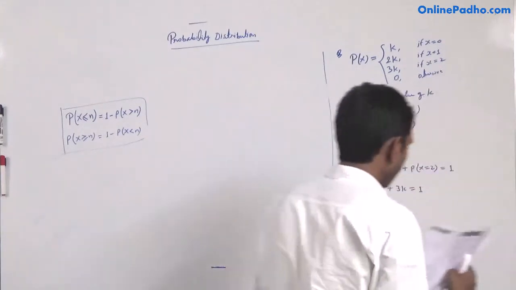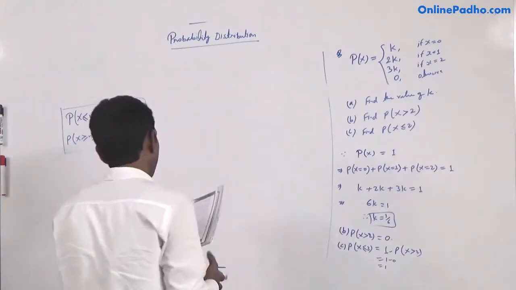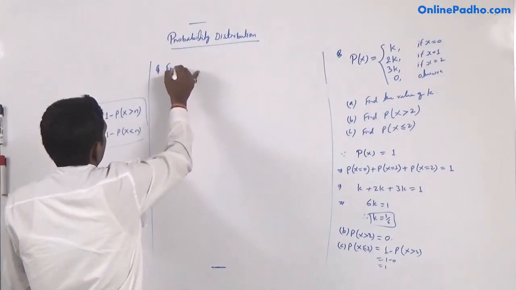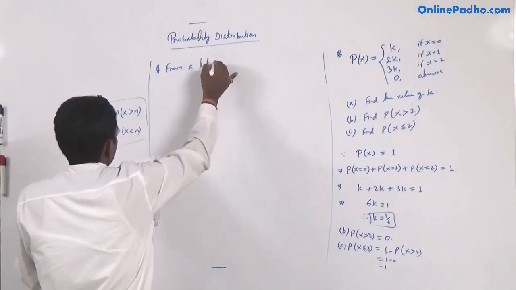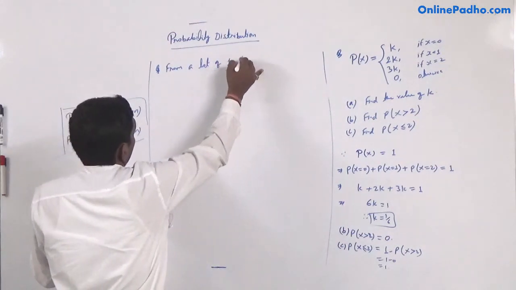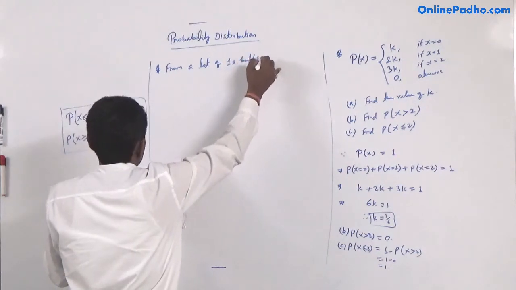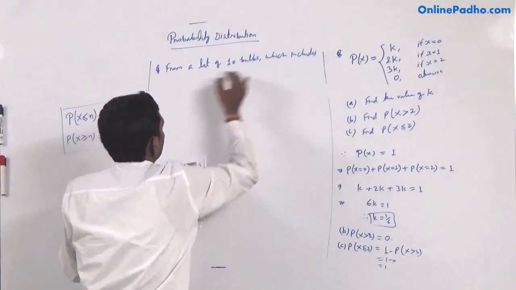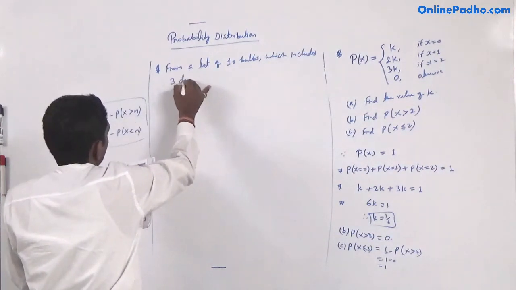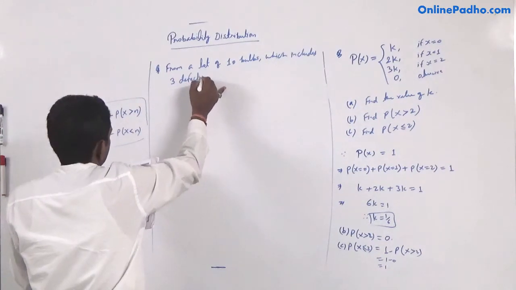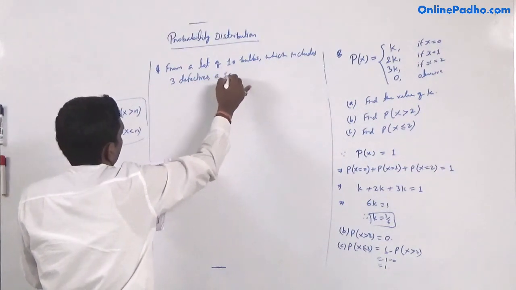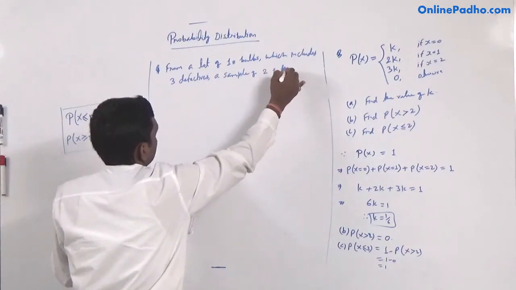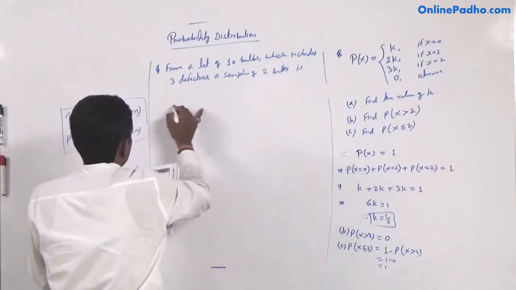If we have a question like this, from the 2010 board examination: from a lot of 10 bulbs, which includes 3 defectives, a sample of 2 bulbs is drawn.